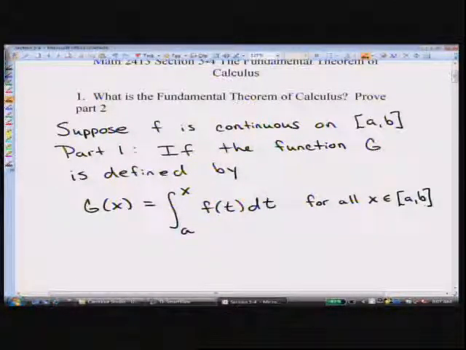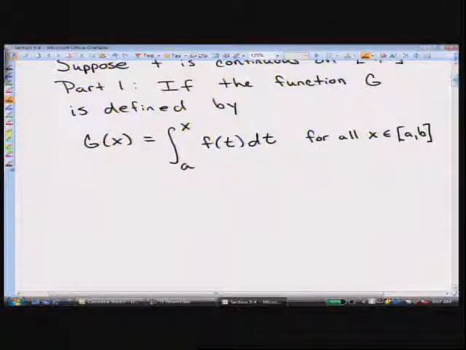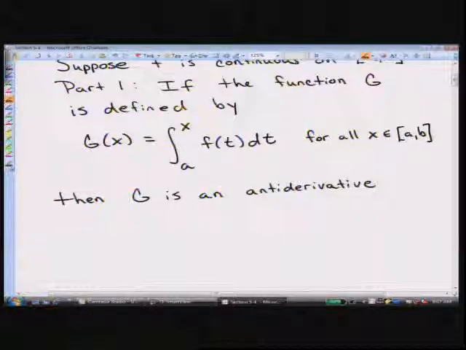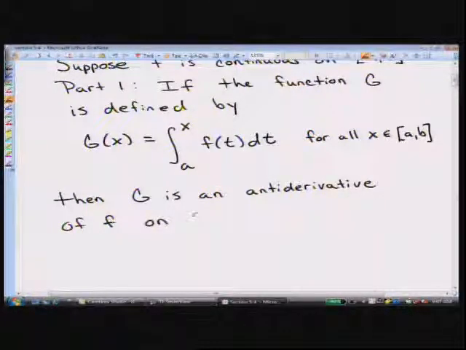Then, if that's the function, then g is an antiderivative of f on the interval from a to b.